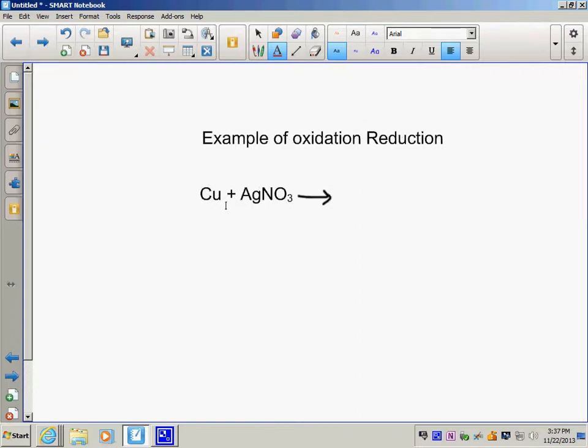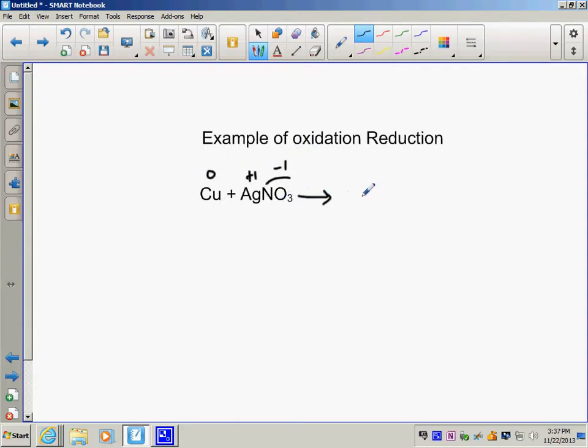All right, so copper plus silver nitrate. Okay, now in this case, this charge is going to be +1 and -1, and then this is no charge. Over the course of an oxidation reduction reaction, you will see charges changing above.